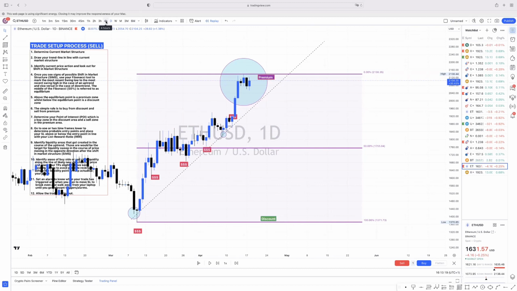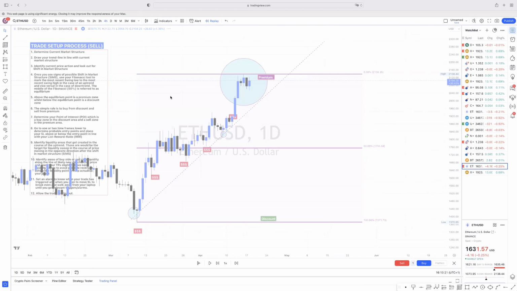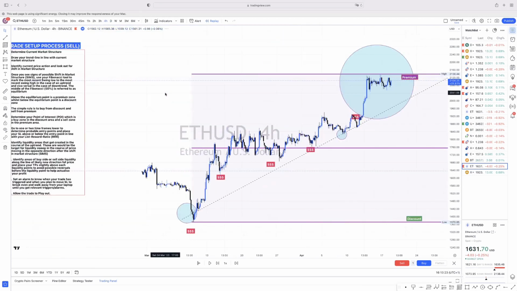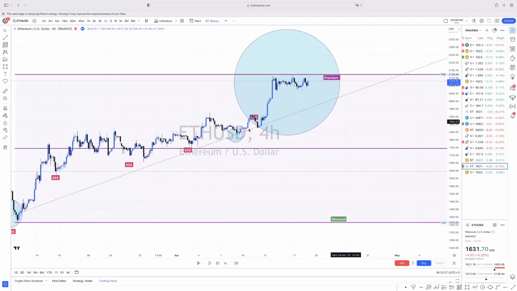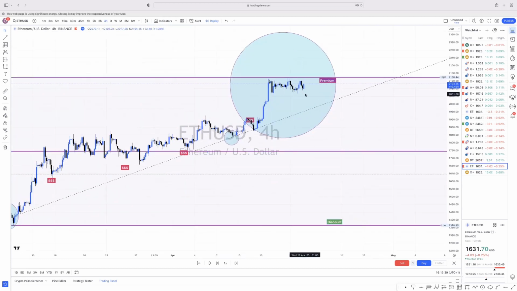So the next thing I will do is go down to 4 hours. So let's go to 4 hours, guys. Now look at, in 4 hours, I am not seeing any break of the trend line, and the market is still a bit choppy, right?